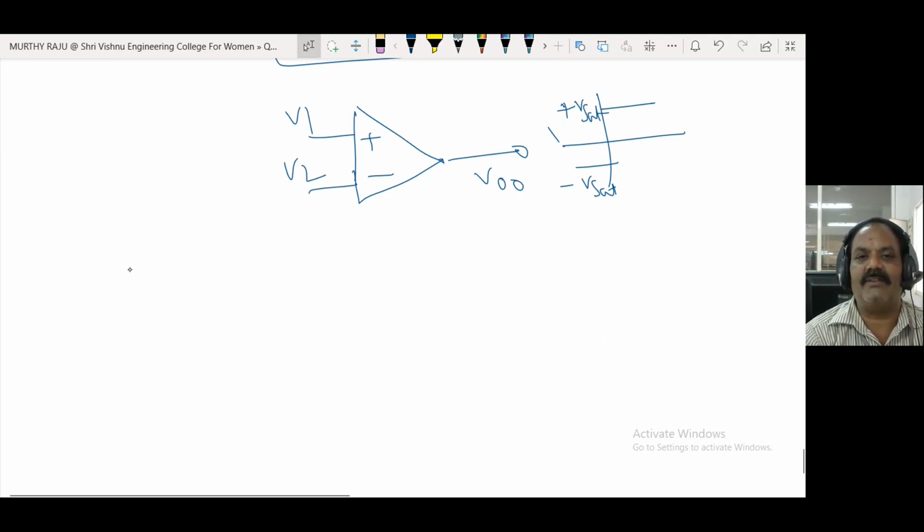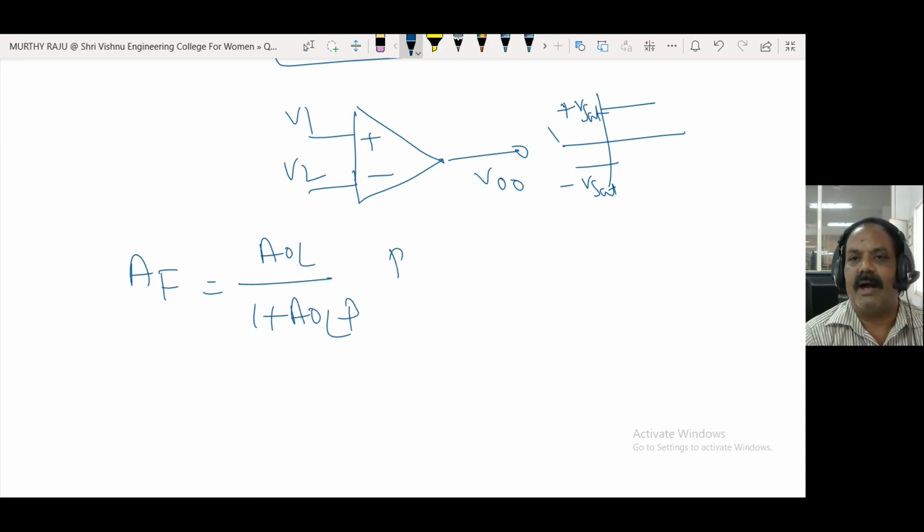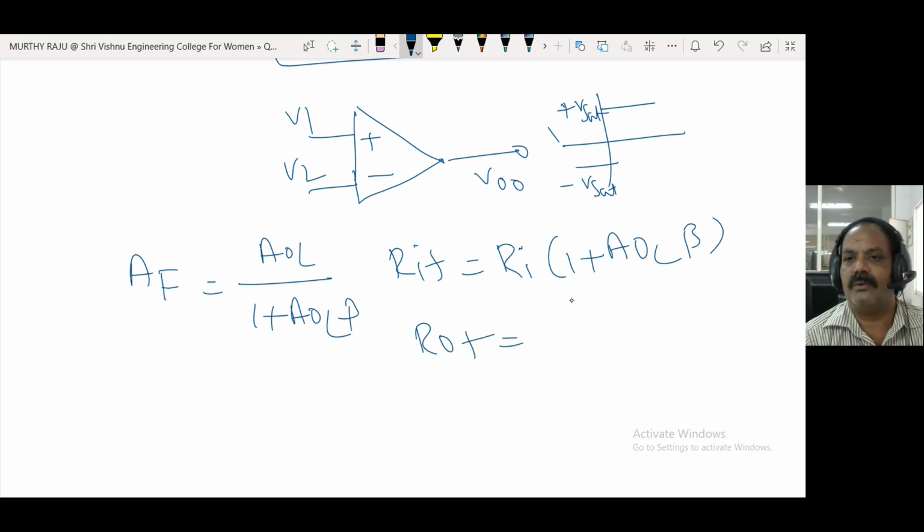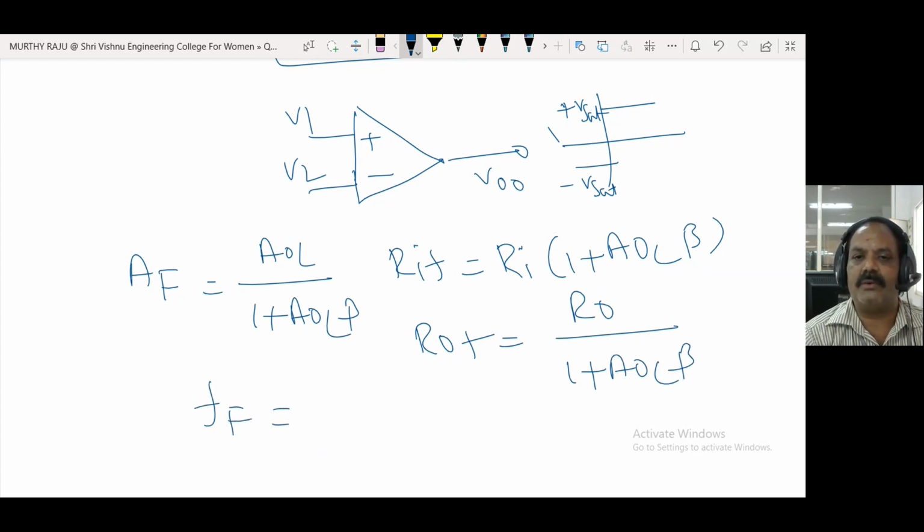The analysis of the non-inverting operational amplifier with negative feedback is as follows. First, gain AF is equal to AOL by 1 plus AOL into beta. RIF is equal to RI into 1 plus AOL into beta. ROF is equal to R naught by 1 plus AOL into beta. FF is equal to F naught into 1 plus AOL into beta.